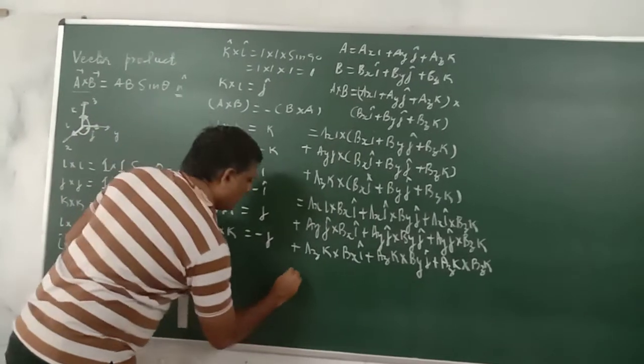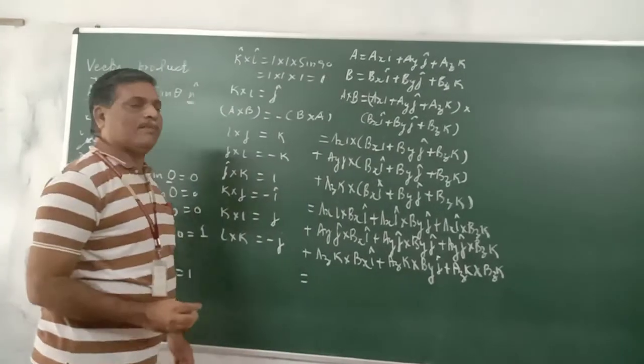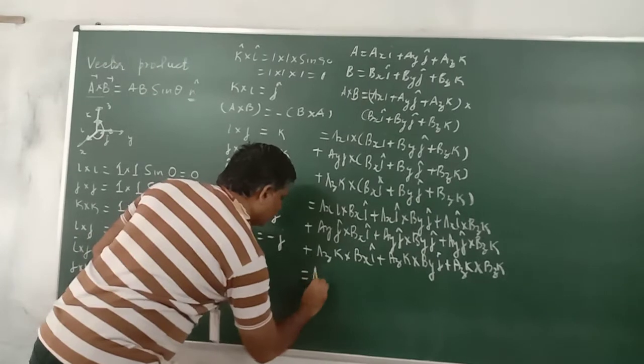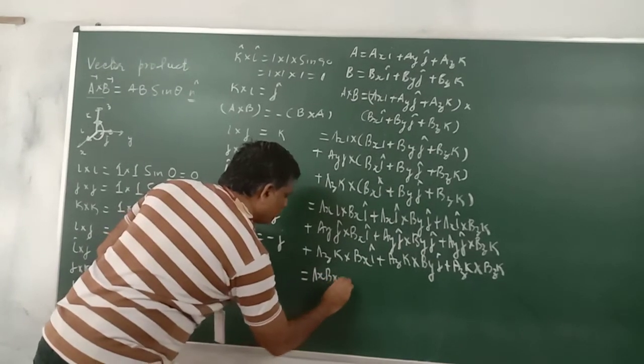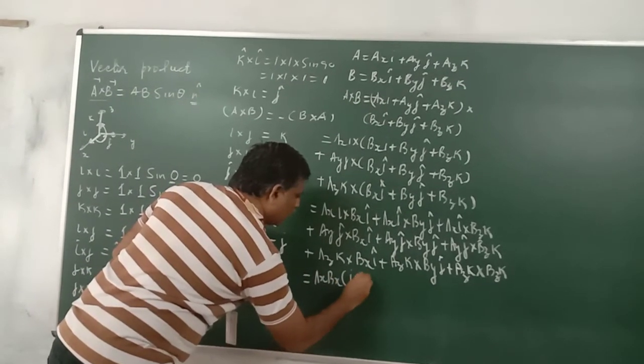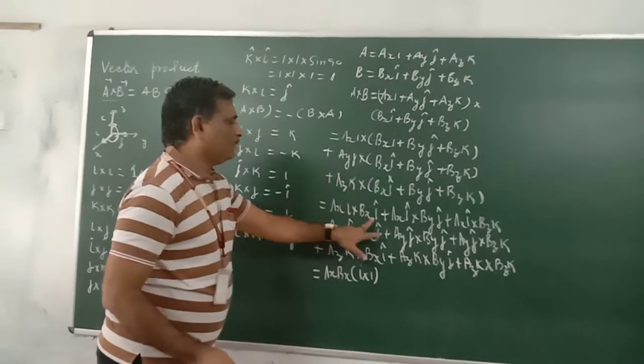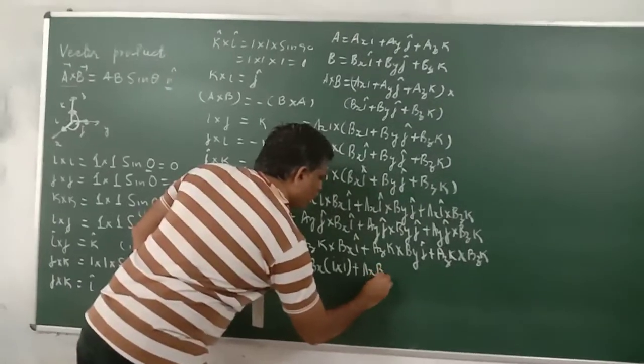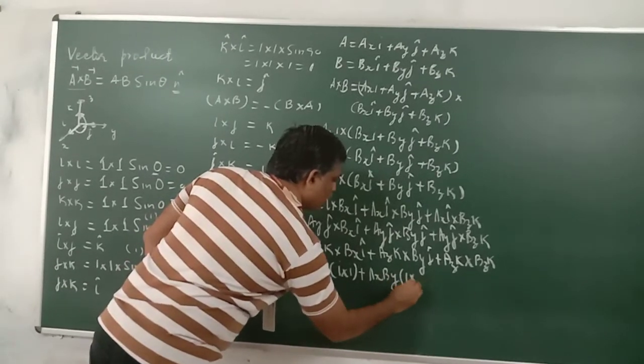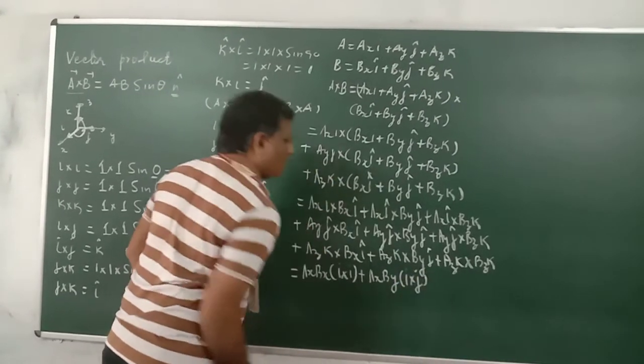Here AX and BX are nothing but numbers. So we can write it as AX BX times i cross i, the cross of these two. Similarly, AX BY times i cross j.